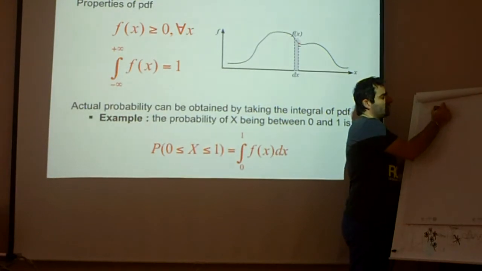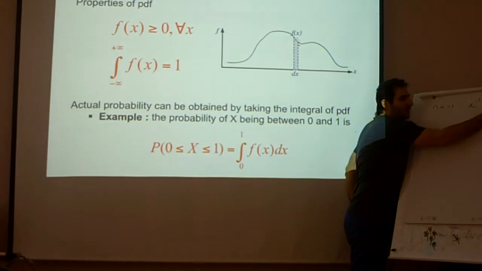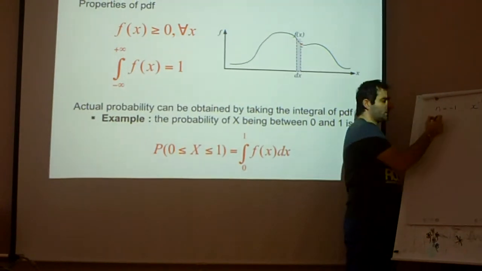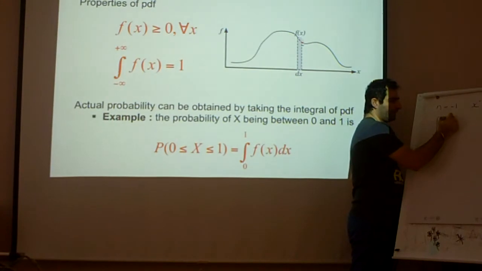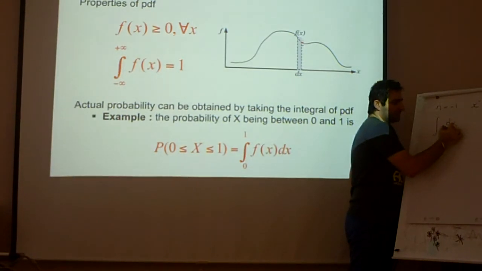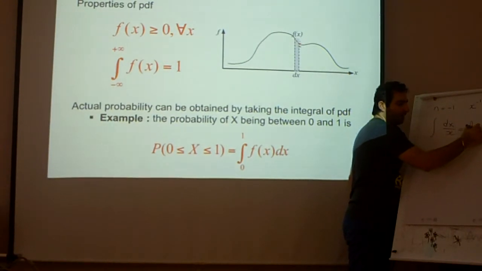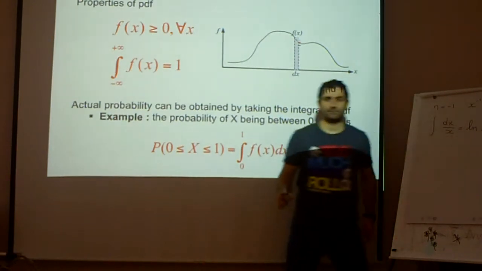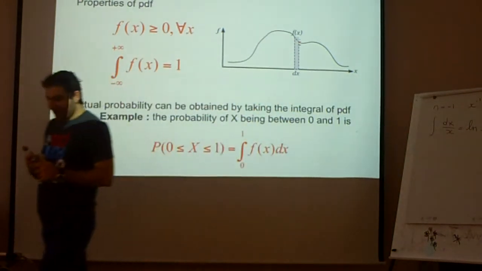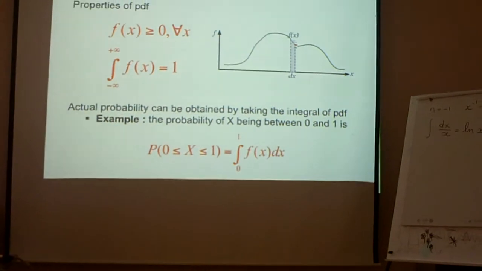If n is equal to -1, we have x to the power -1, which is 1 over x. So the integral of dx over x is equal to ln of x plus c.